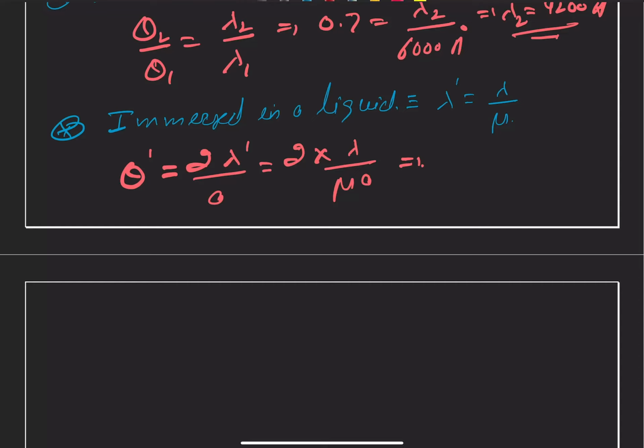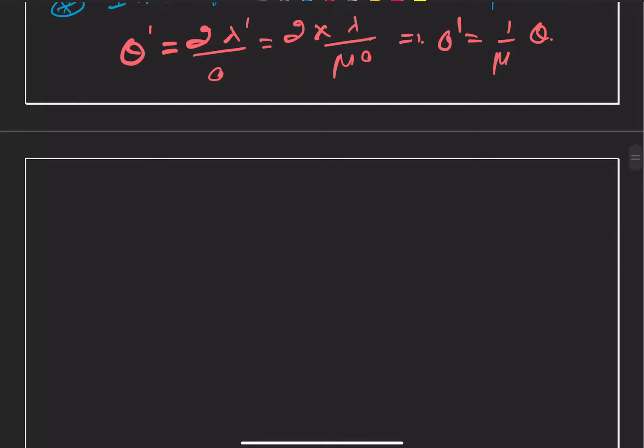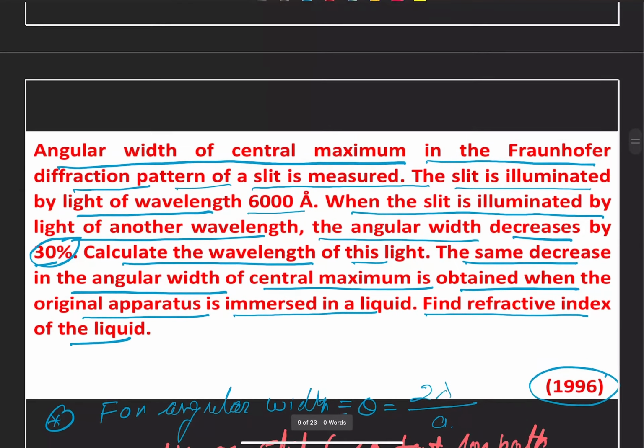So therefore we can write that our theta prime will be equal to 1 upon mu multiplied by theta. So therefore we can write that 1 upon mu is equal to our 0.7, and this gives us that refractive index will be close to 1.43. These were the two things which were asked in this particular question.